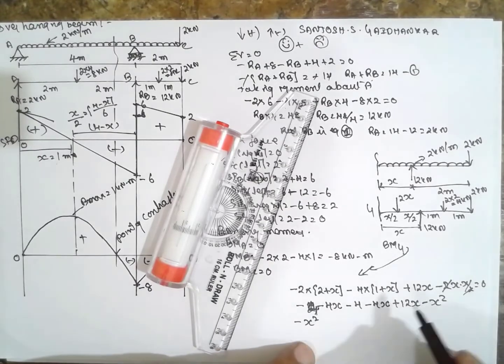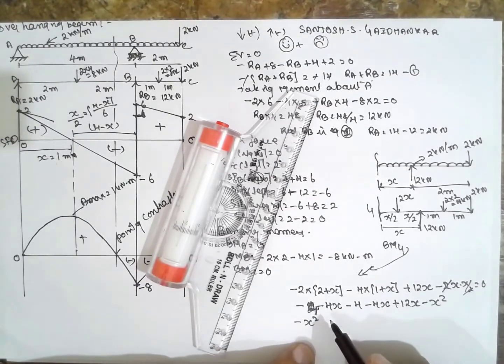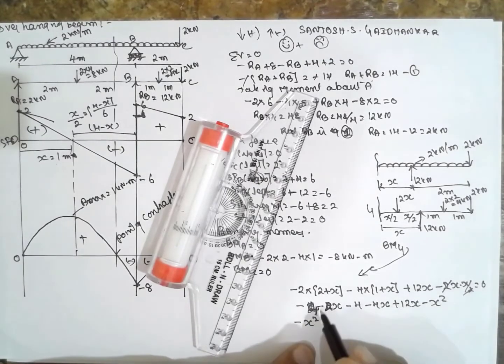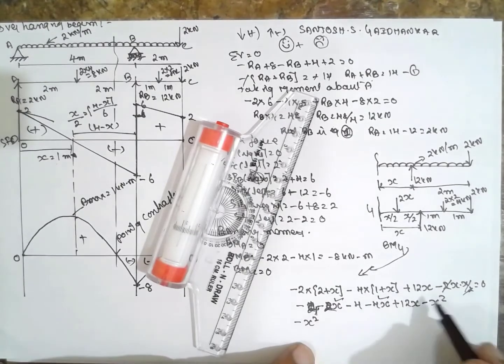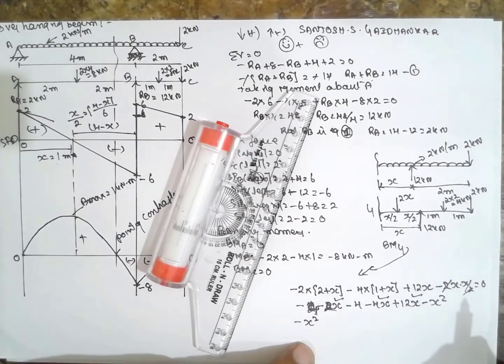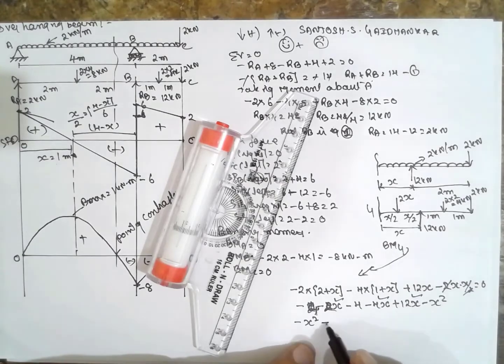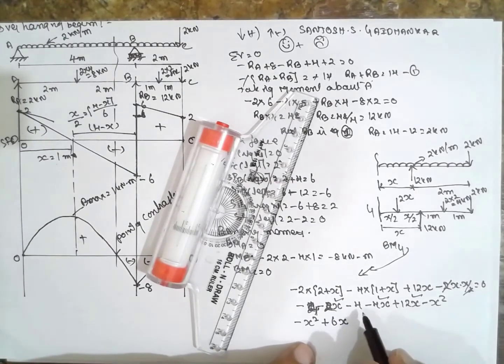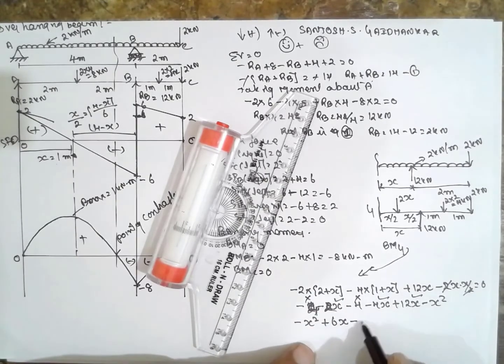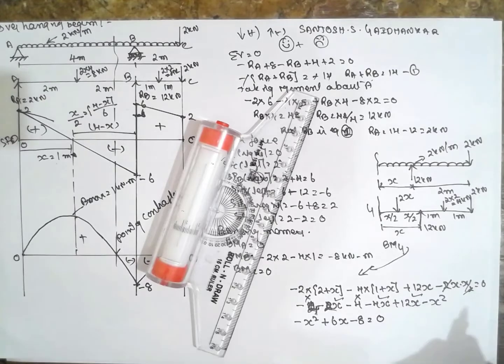Next, this will be 2, 4, 2x. This will be 2. This part and this part, if you add, it becomes 6x. This one and this, you will get minus 8 is equal to 0.